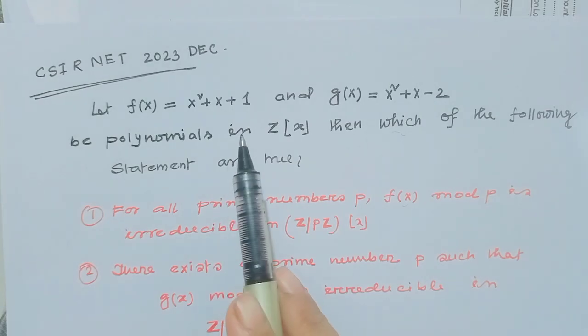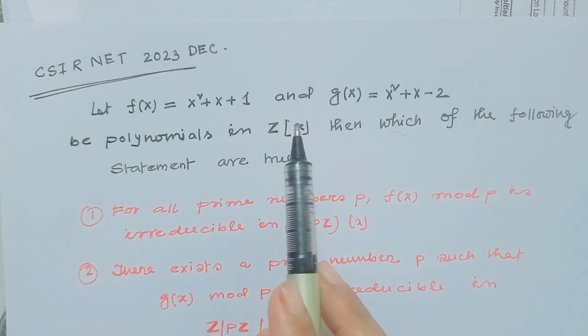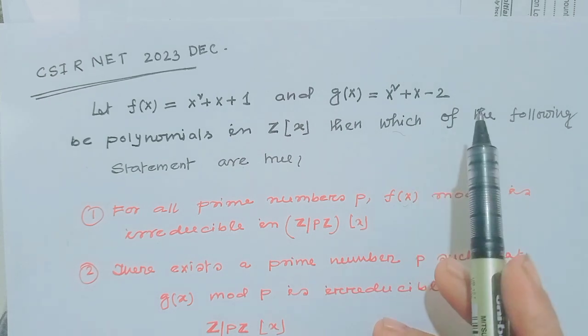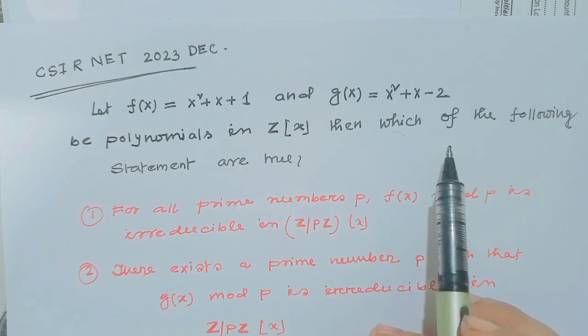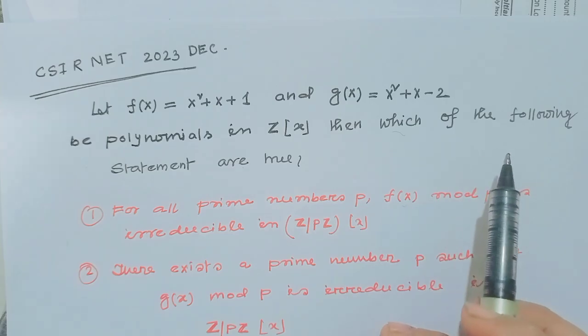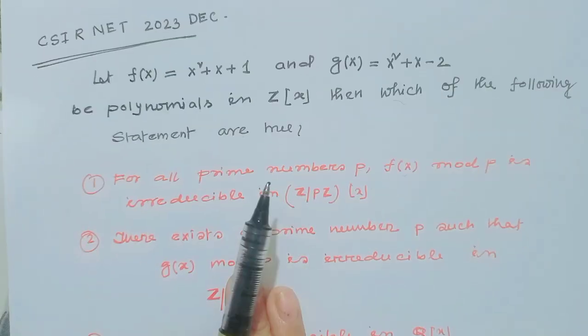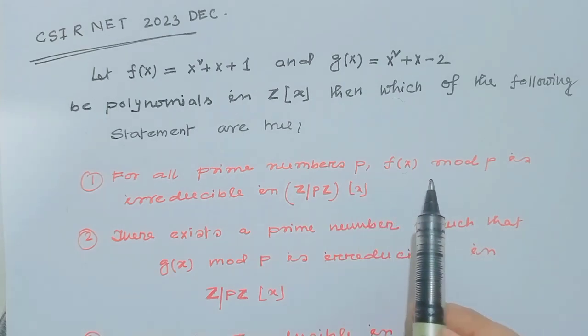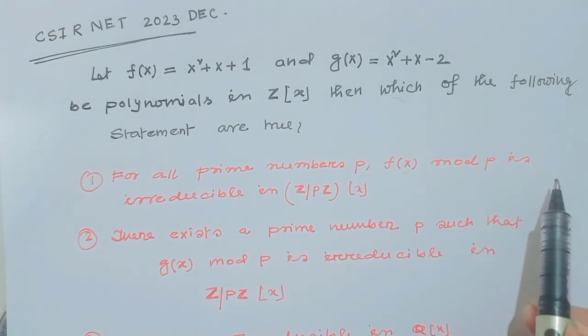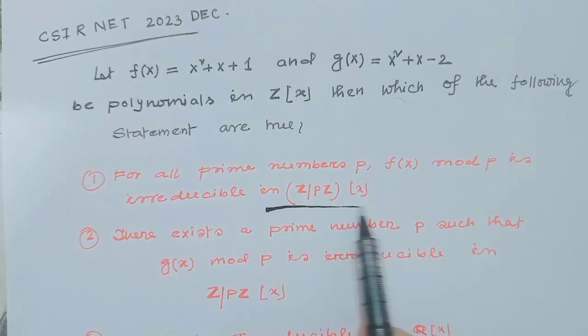Okay, first question. Let f(x) = x² + x + 1 and g(x) = x² + x − 2 be polynomials in Z[x]. Then which of the following statements are true? Option 1: For all prime numbers p, f(x) modulo p is irreducible in Z/pZ[x].